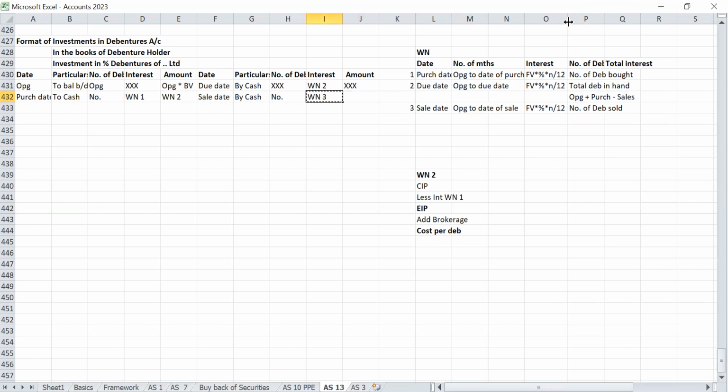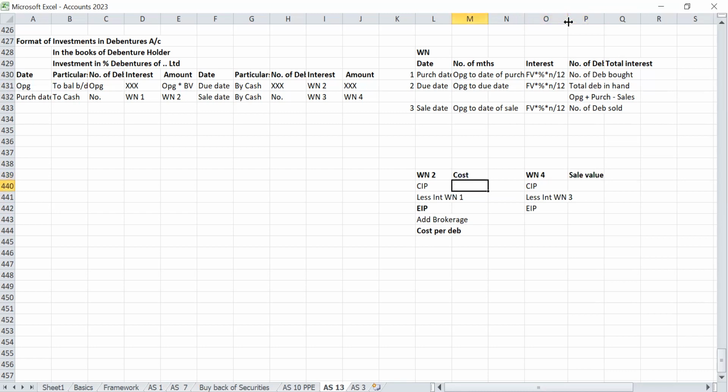Sale value, working note number 4. How to compute sale value? Working note number 4 will be the same. From the cum interest price, if it is given, we have to reduce interest as per working note number 3. Then you will get the ex interest price. Working note 2 is for computing cost, and working note number 4 is for computing sale value.